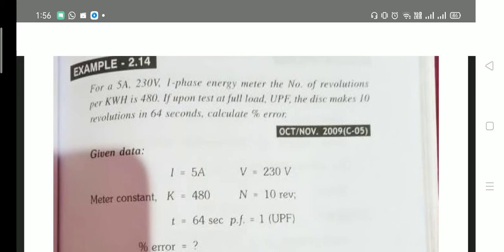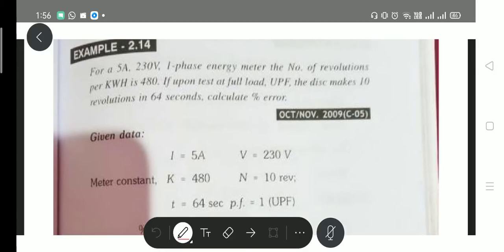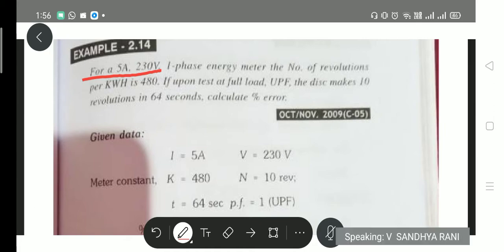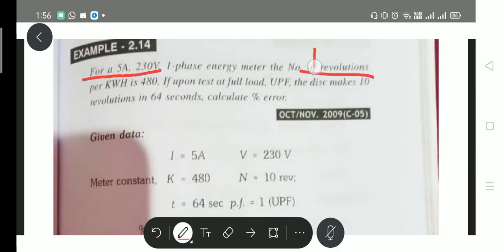So, here he has given the values: I is 5 amps, V is 230 volts, and the number of revolutions per kilowatt hour, that is K value, is given as 480, and number of revolutions is 10 and T is 64 seconds. What is the error? You can calculate the percentage error.